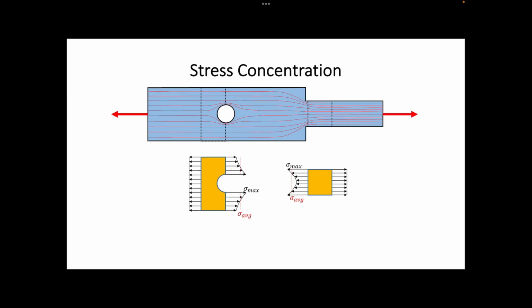Since the materials tend to fail at this location, in engineering design, we have to determine the maximum stress. In engineering practice, the maximum stress is found by multiplying the average stress with the so-called stress concentration factor, K. For convenience, this factor is reported in graphical forms and can be found from design handbooks.